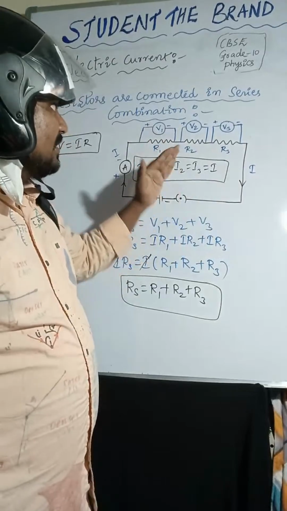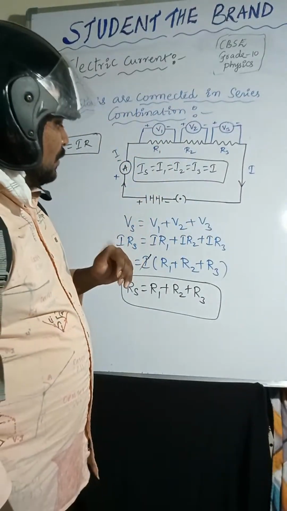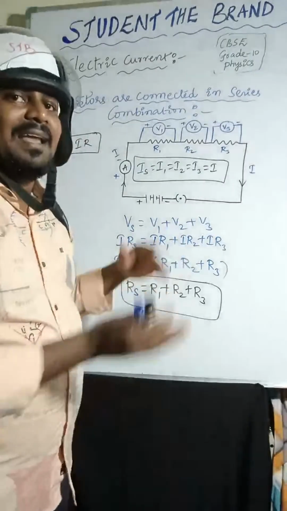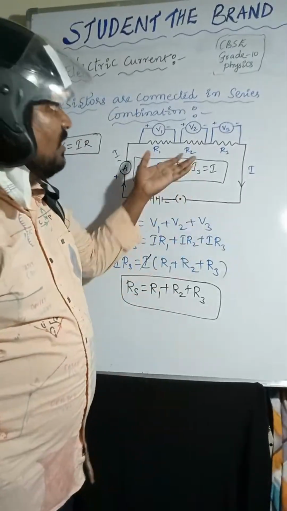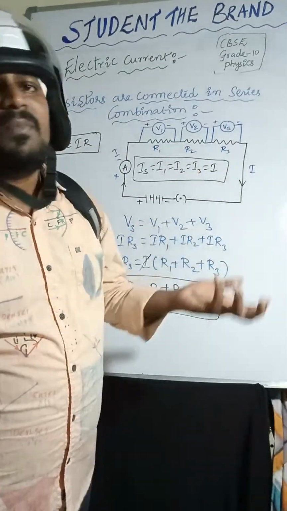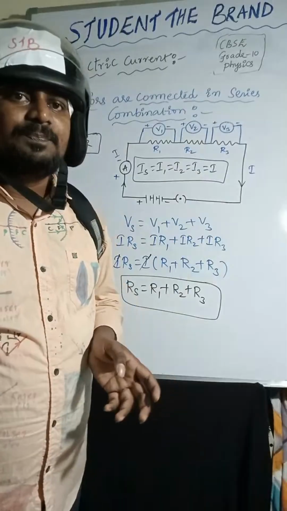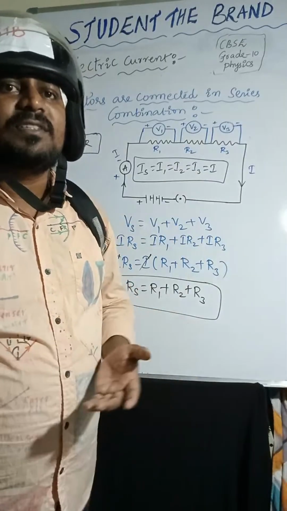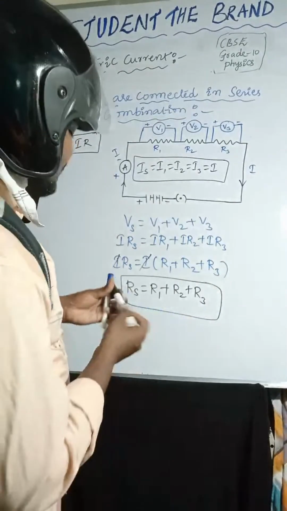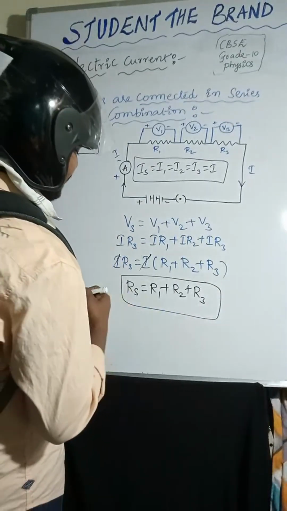Okay, now we are discussing series combination, right? If I connect n number of resistors, you connected only three, sir. If I connect n number of resistors, what is the formula? The formula is Rs equal to nR.